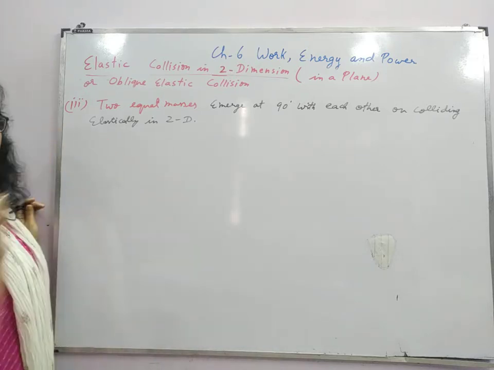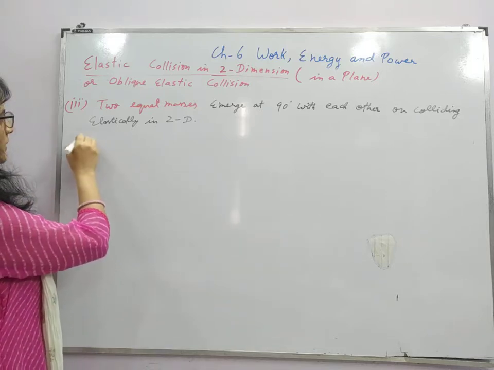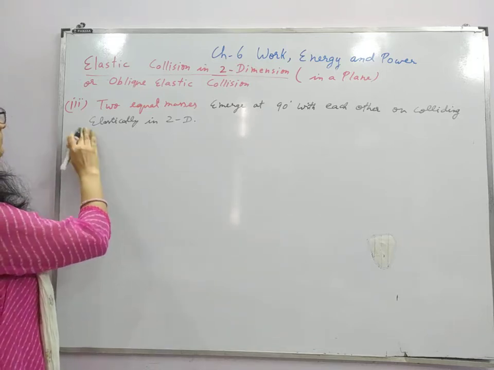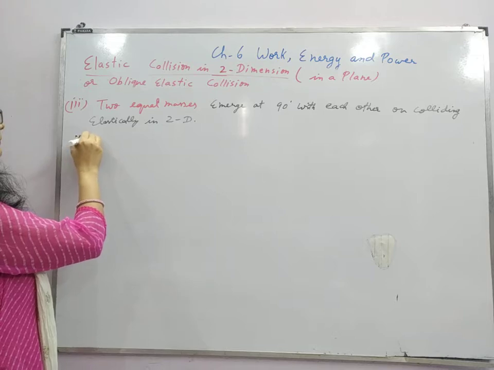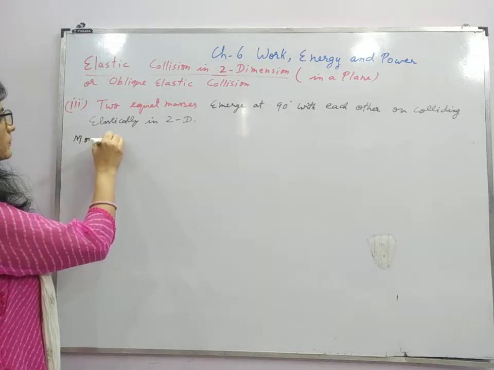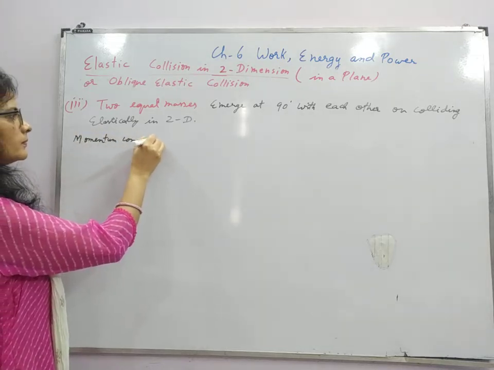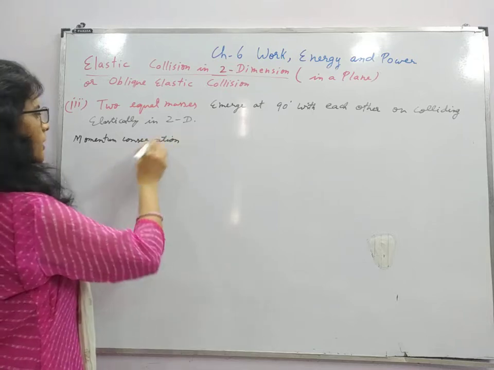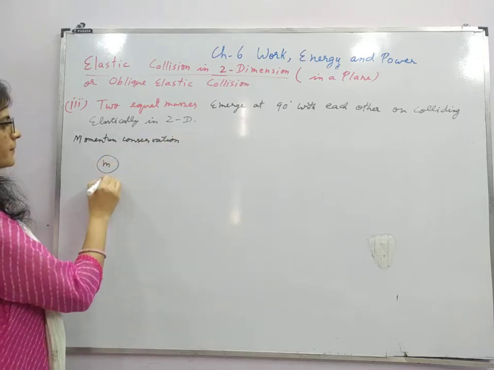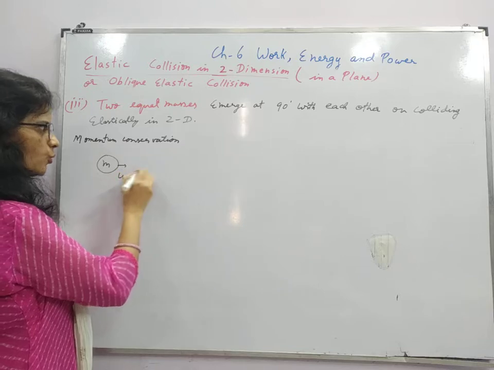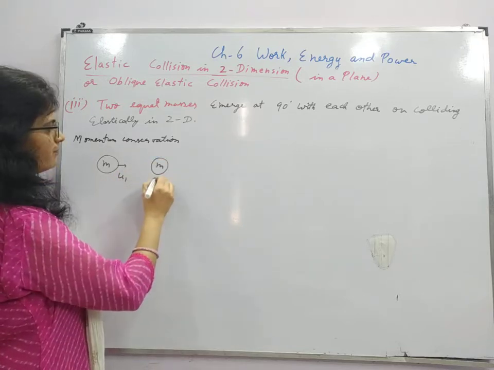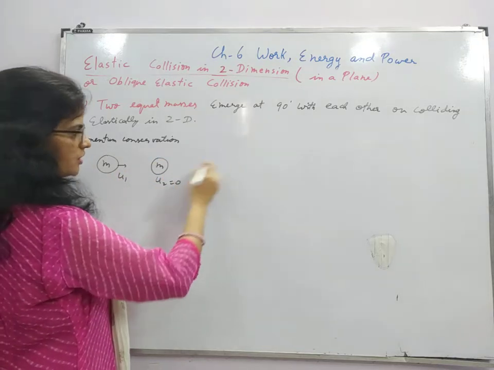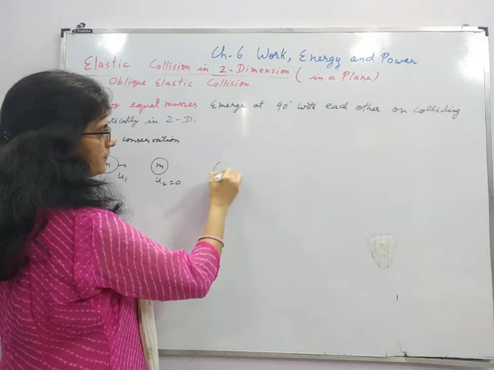So let's take the case. We know that by momentum conservation, if we have first mass m moving with velocity u1, second mass again m, but at zero initial velocity.